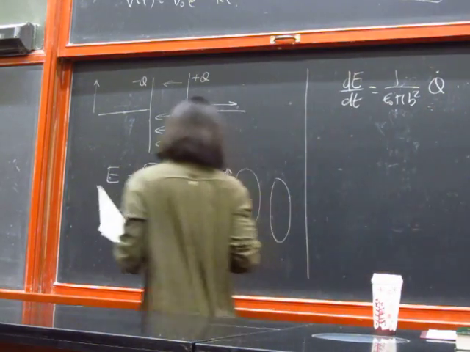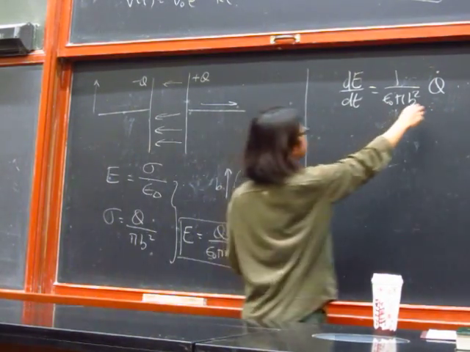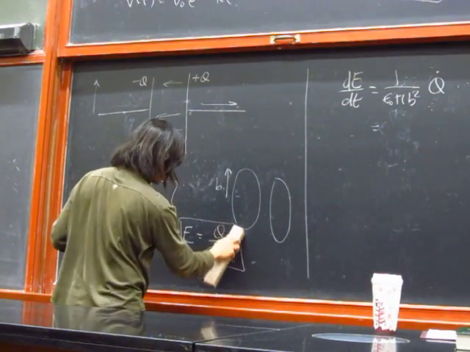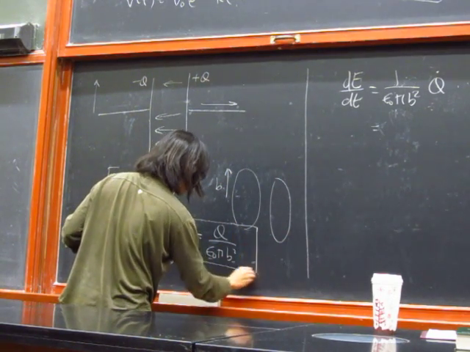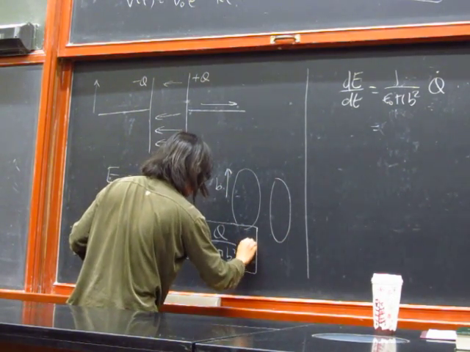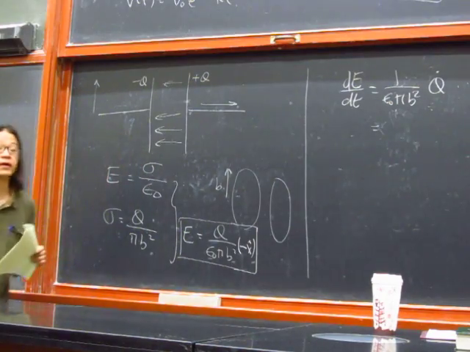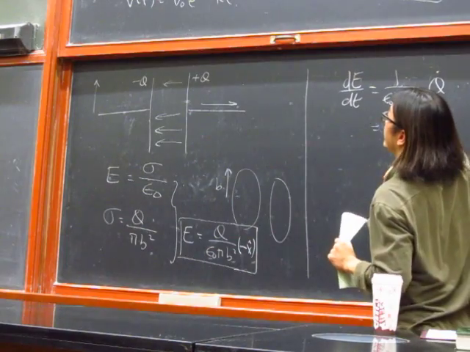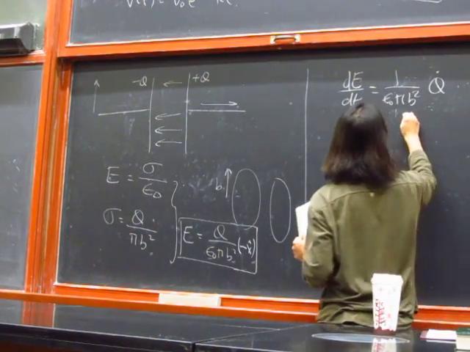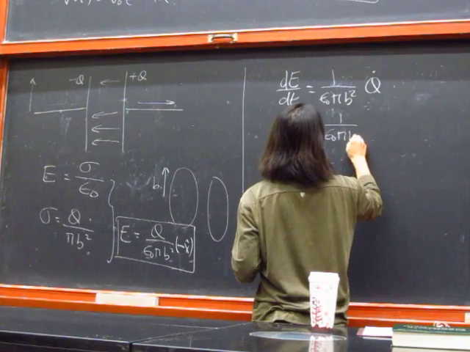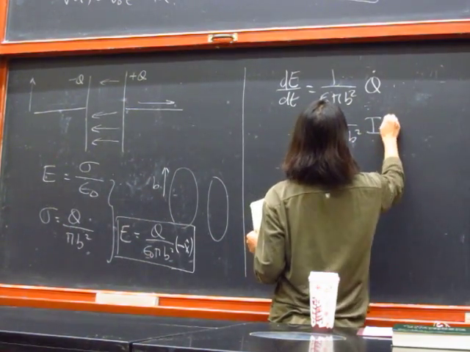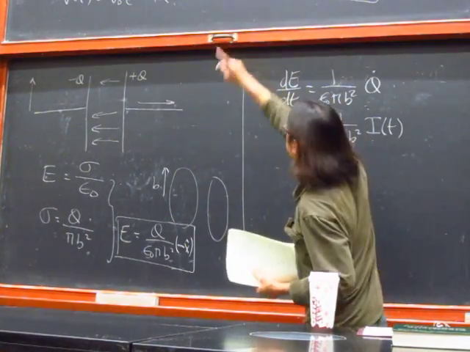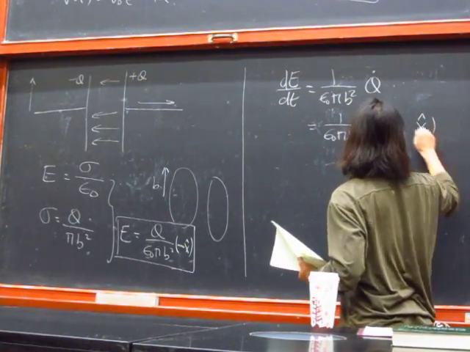By the way, the electric field here is in the x direction, of course. It's in the minus x direction. So Q dot is just minus I, right? So this becomes 1 over epsilon naught pi b squared times I, function of time. But since E is in the minus x, there's another minus sign, so this is in the plus x direction.